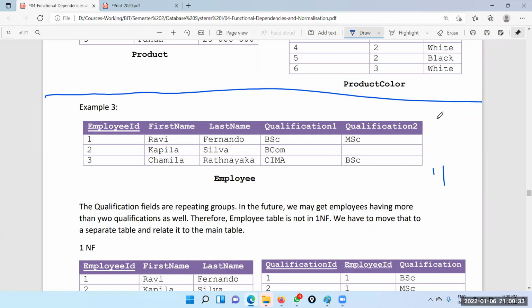Employees rarely have more than 1 or 2 qualifications, but some rarely have, say, 6, so now you need 6 fields. Again, we never know whether a new employee comes with 7 qualifications. That day we are again in trouble and have to introduce another column. That is another possible 1NF violation.